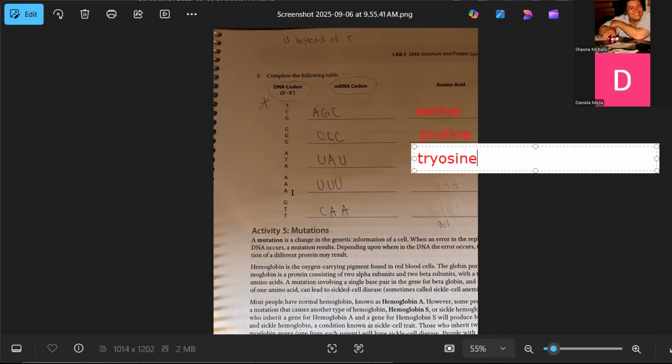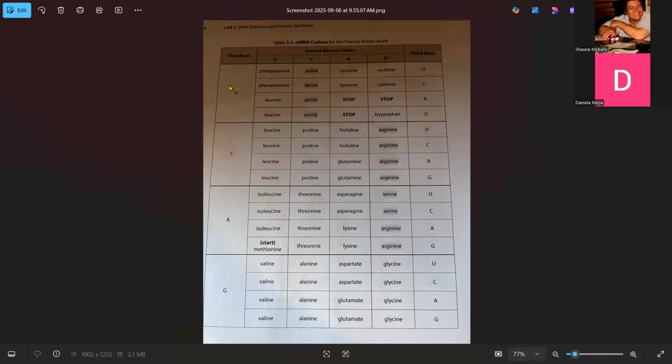So UUU we did on the previous one. If I go back and share this one, the first base is U. The second base is U. So that puts me in this column.